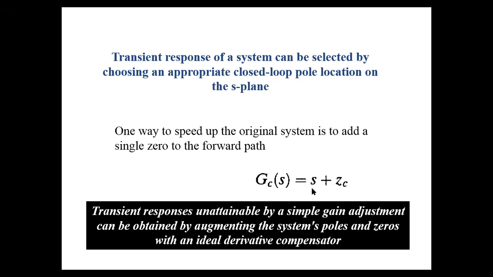The position of the compensator zero can quicken the response over the uncompensated system. In summary, transient responses unattainable by a simple gain adjustment can be obtained by augmenting the system poles and zeros with an ideal derivative compensator. We now show that ideal derivative compensation speeds up the response of a system with the help of different examples.